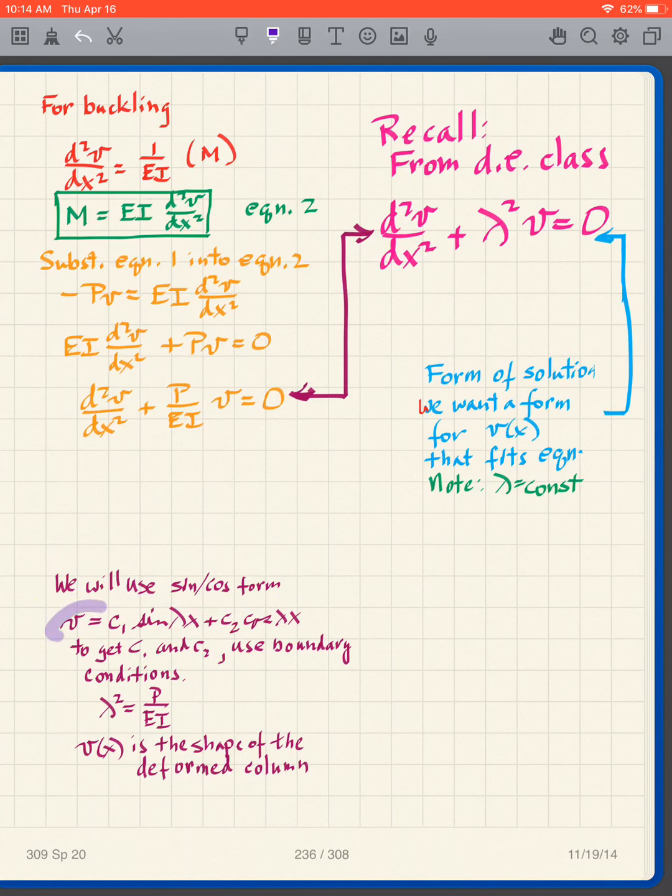And that form is v equals C1 sine lambda x plus C2 cosine lambda x. And we will get C1 and C2 using boundary conditions that we'll get to. And as I said, lambda squared is P over EI, and v of x is the shape of the deformed column. It's a sine curve.